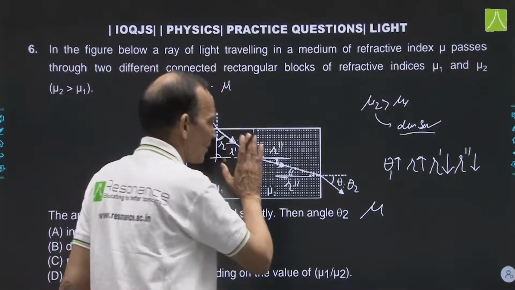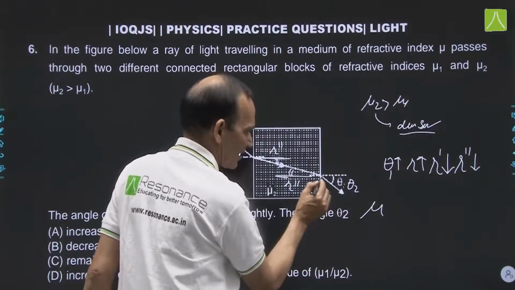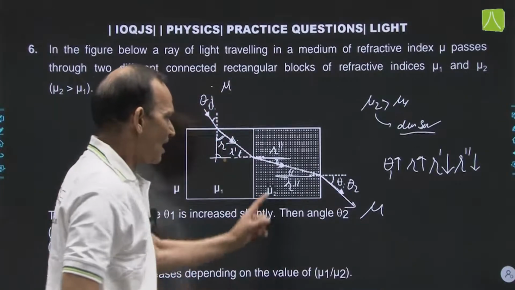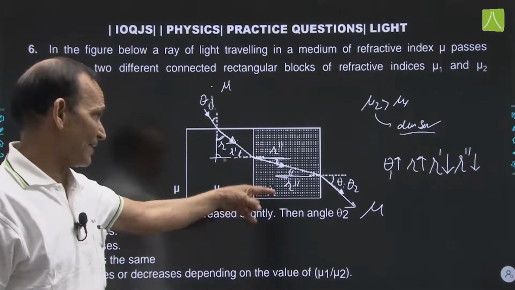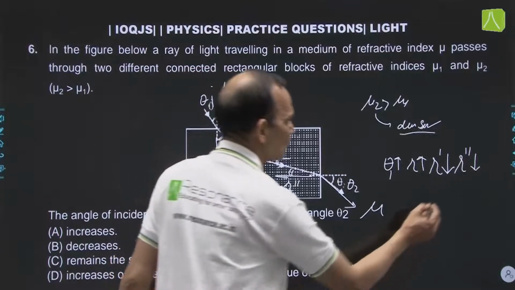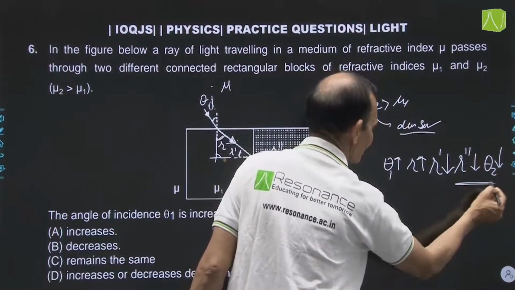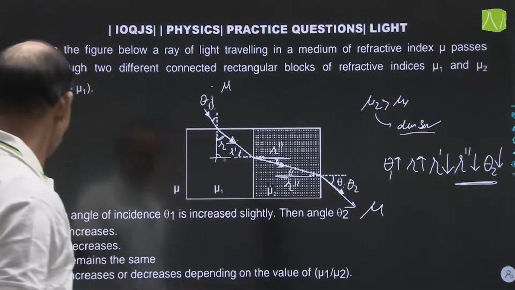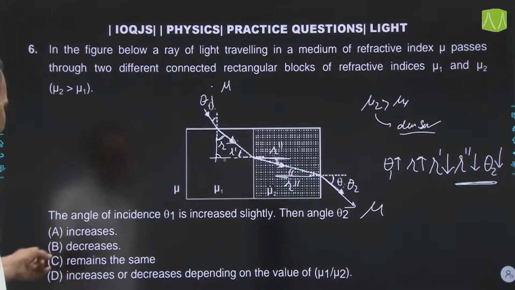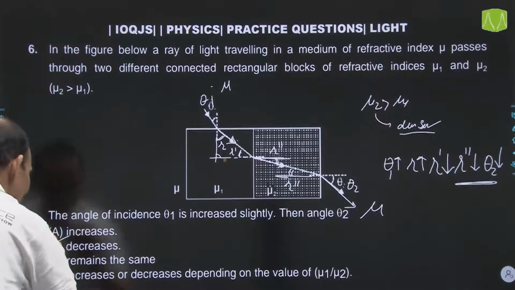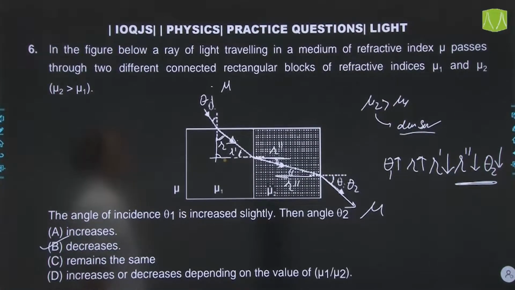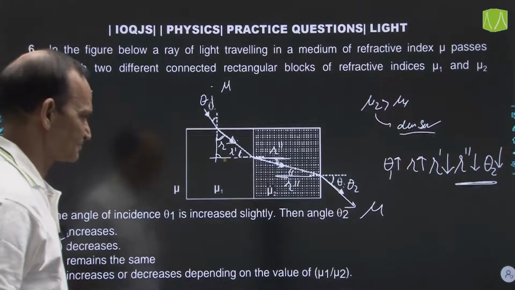Now light is moving from denser to rare, it will bend away from the normal. R dash decreases, r double dash decreases, it means theta 2 will also decrease. This is the answer. So the answer is not increases, it is decreases. Correct option is B. Answer is B. It is an important question.